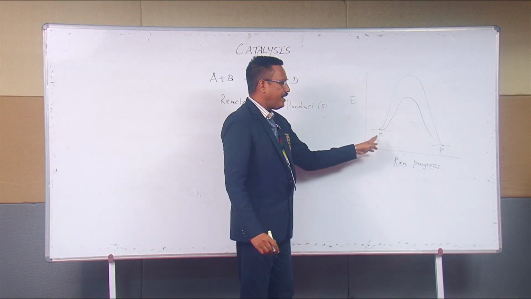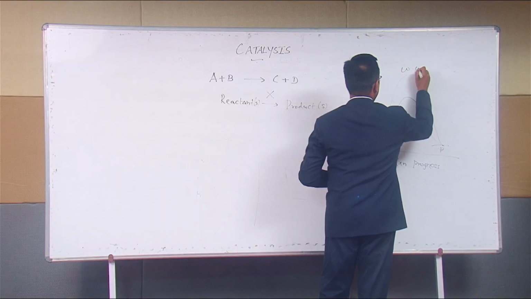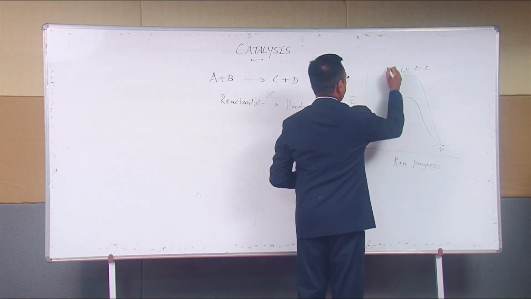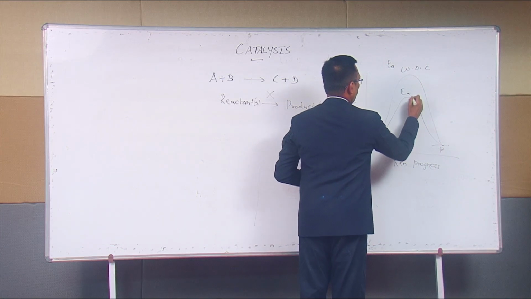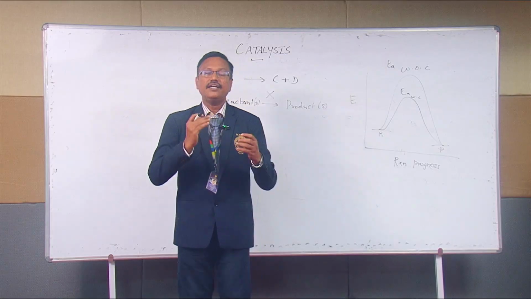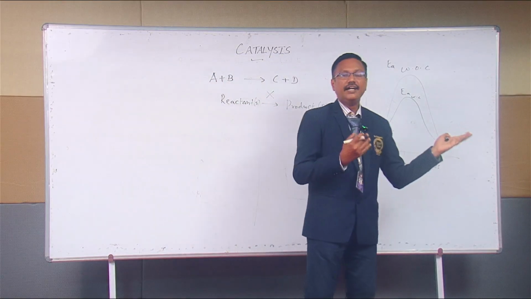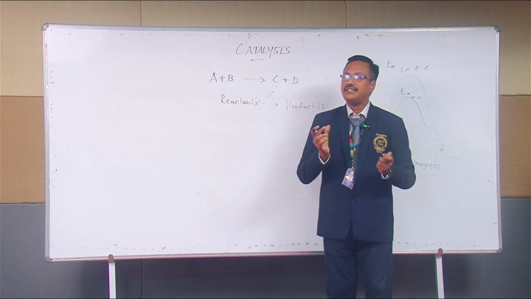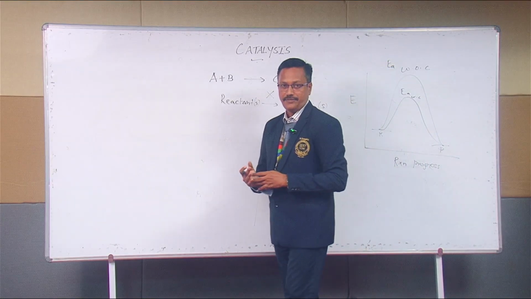The same reactant is converted into product, but this is the energy of activation without catalyst, and this is the energy of activation with catalyst. When you are using that catalytic substance, that will reduce the energy barrier. Obviously, it will be completed within a short span of time. This is the concept of catalysis.